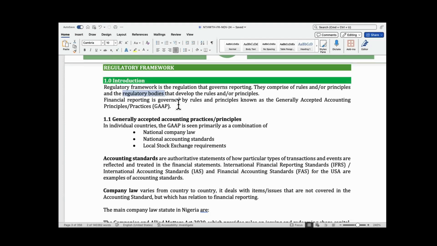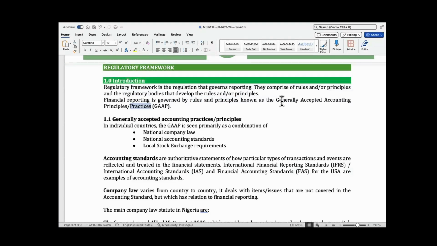Summarily, the rules and principles, which is the regulation that governs reporting, is known as GAAP, generally accepted accounting principles, practices. It is popularly called principles, majorly. I'm talking about the P now.